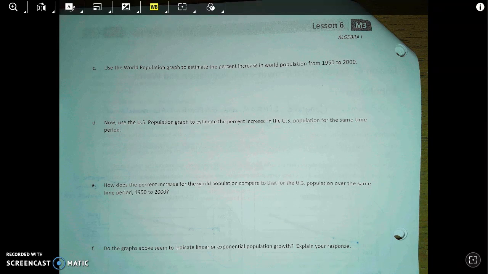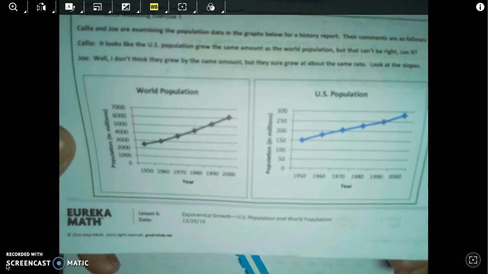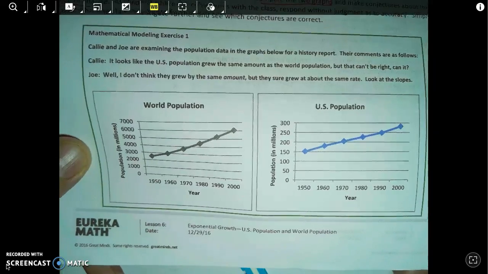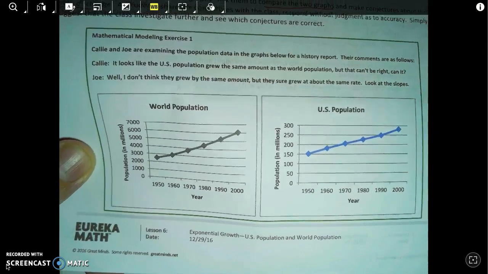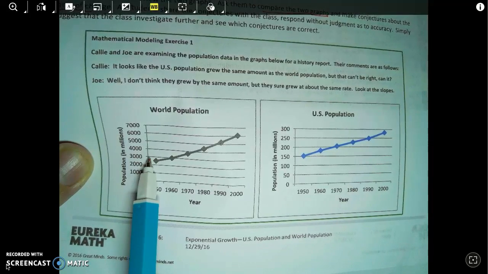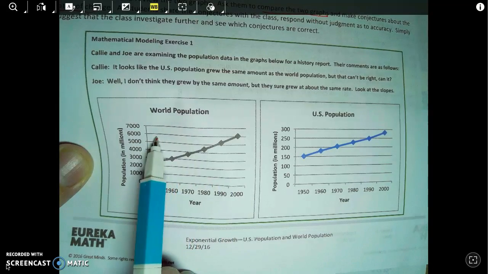Okay, question C says, use the world population graph to estimate the percent increase in the world population from 1950 to 2000. So this is the world population from 1950 to 2000. We're basically starting at 2,500, kind of like in the middle here, and we go all the way to 6,000.